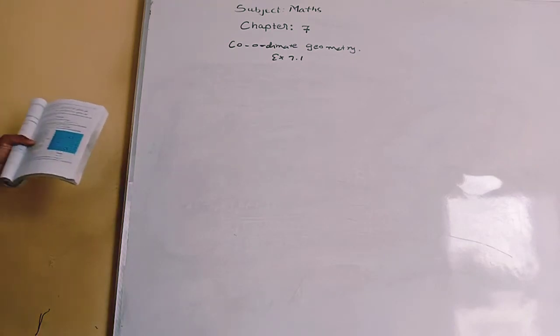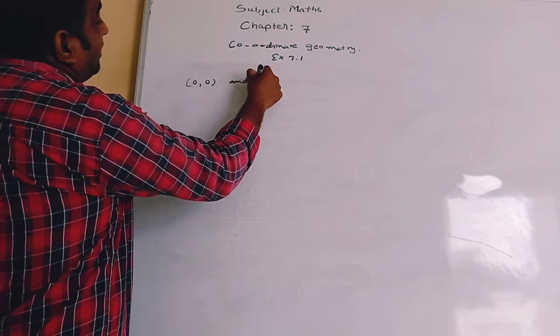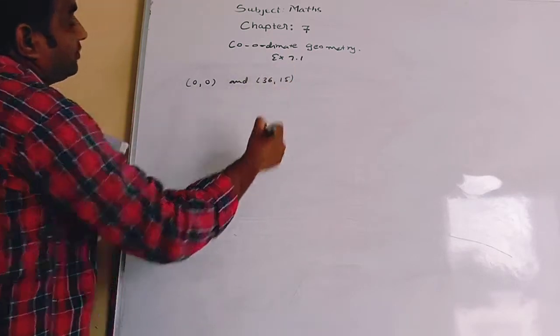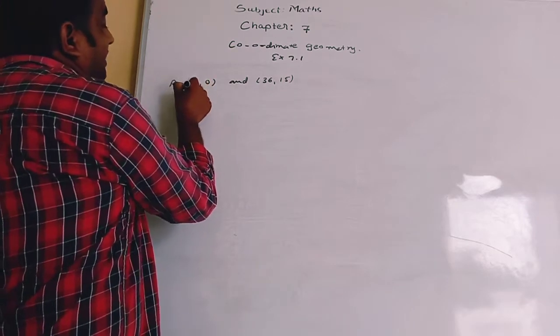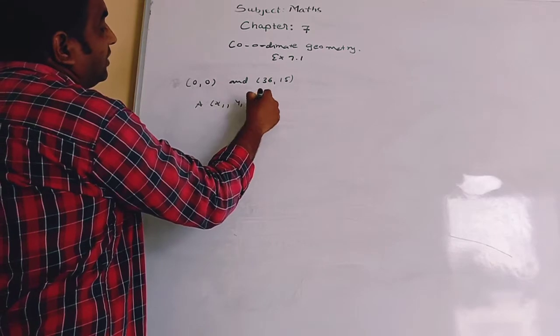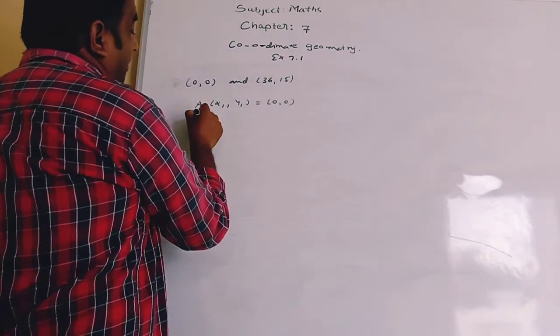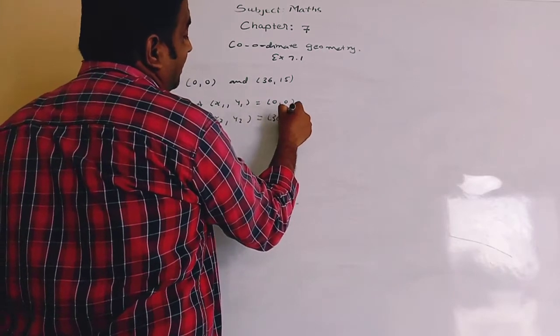Now we have a question to find the distance between 0, 0 and 36, 15. So A (0, 0) is x1, y1 and B is x2, y2, given as 36, 15.